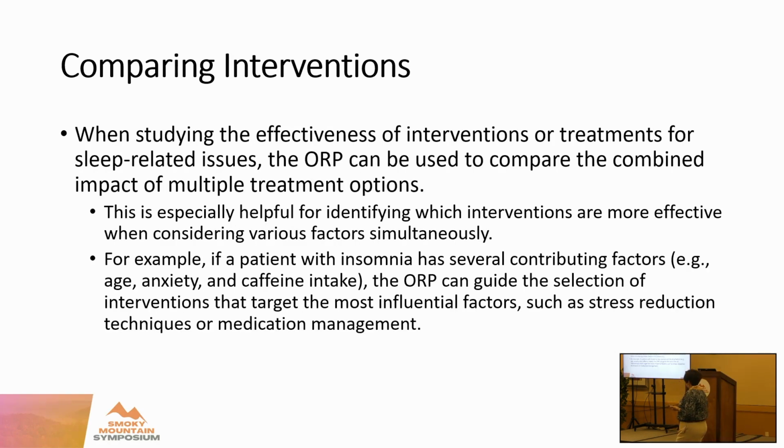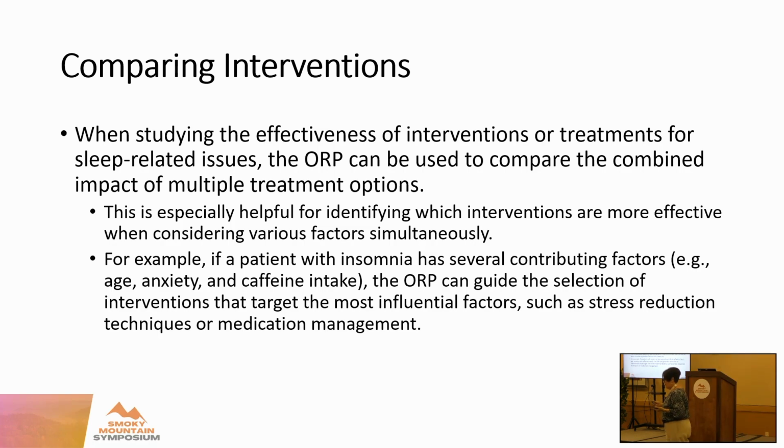When we compare interventions, studying the effectiveness of those interventions or treatments for sleep-related issues, this can be used to compare the combined impact of multiple treatment options. And again, identifying which interventions are more effective when you consider those factors simultaneously. For example, if a patient with insomnia has several contributing factors, and insomnia is an interesting one because everybody has their own perception, right?